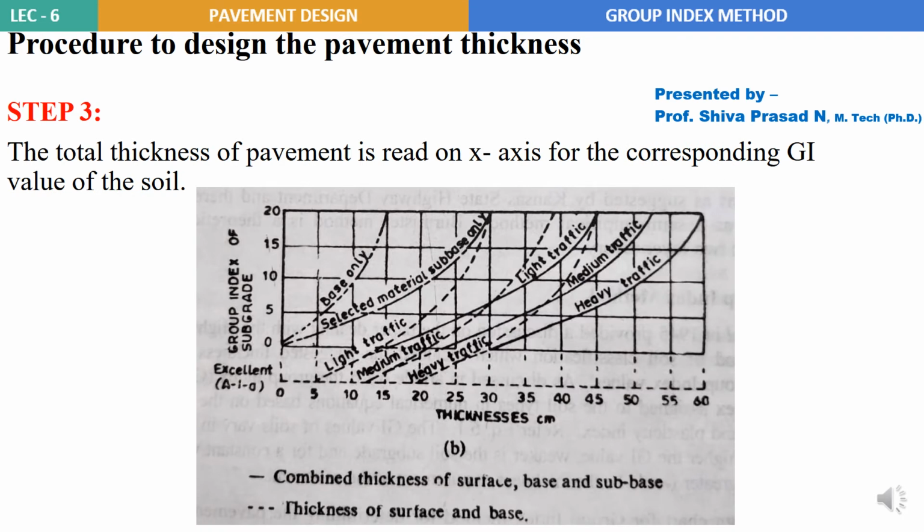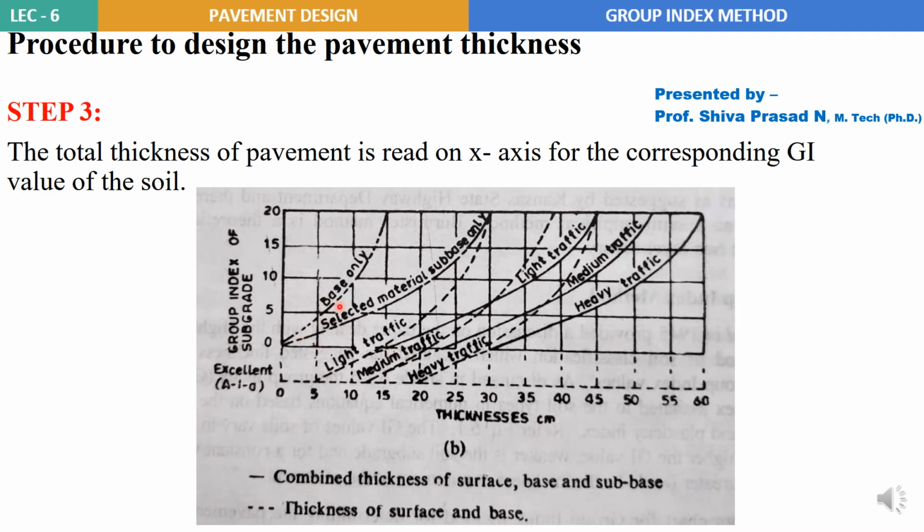The procedure that we saw in the previous slide is redefined in a different way in this graphical representation. So now observe this graphical representation. It has the group index values of the soil subgrade on the y-axis, and along the x-axis it has thickness of the pavement in centimeter units.